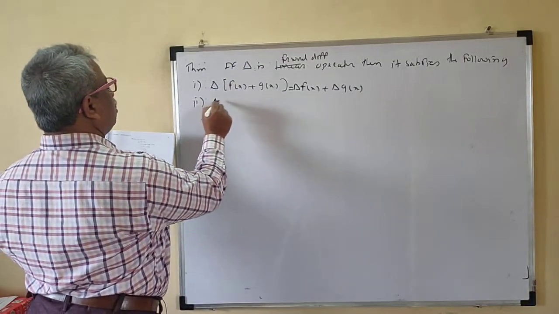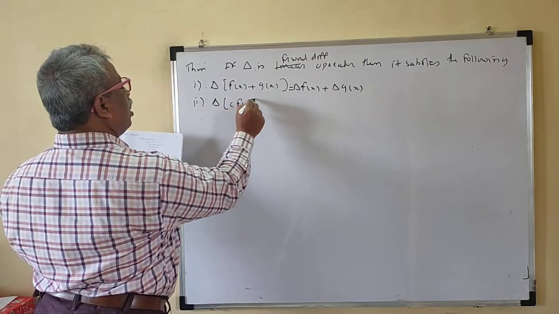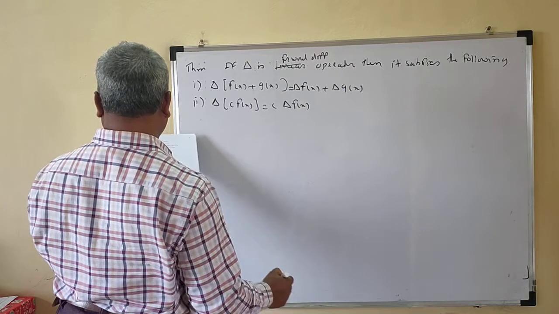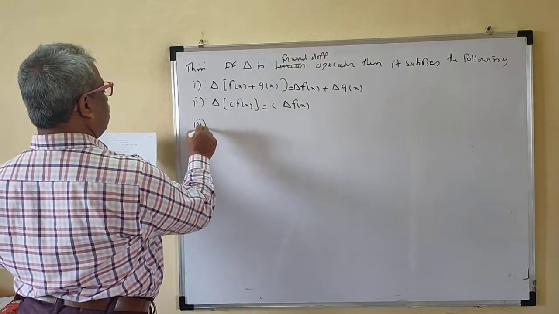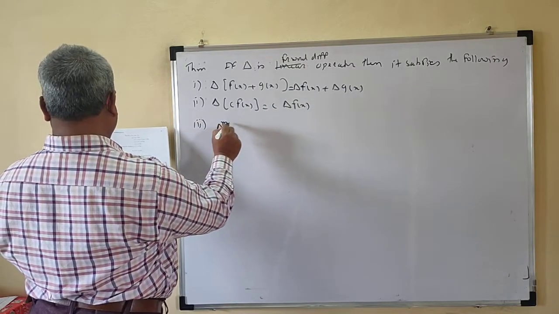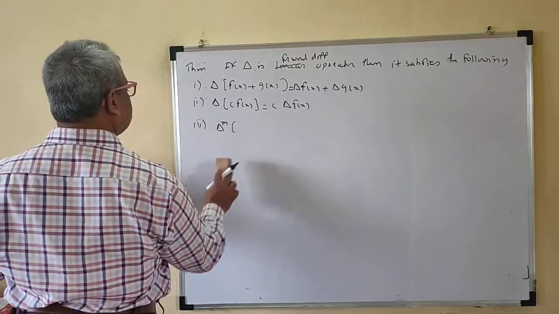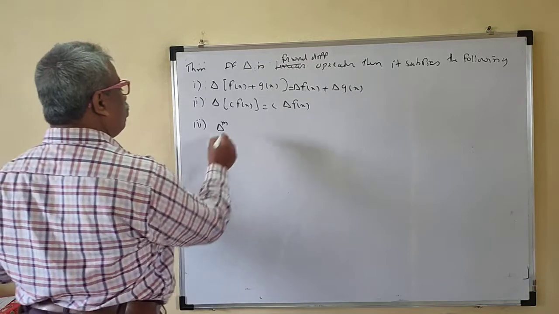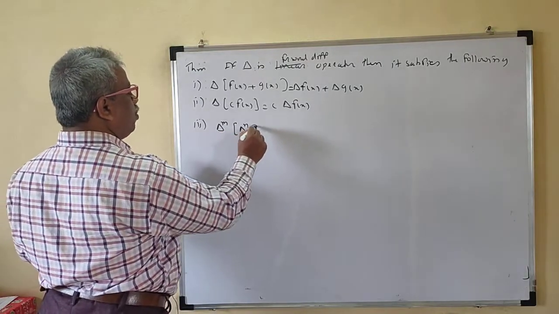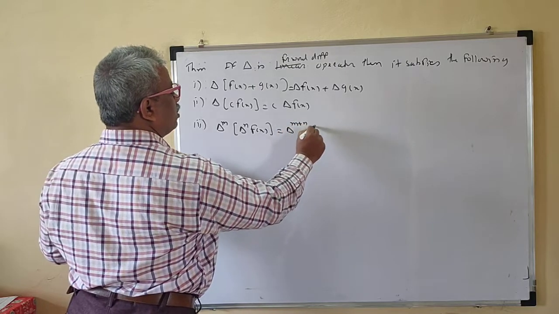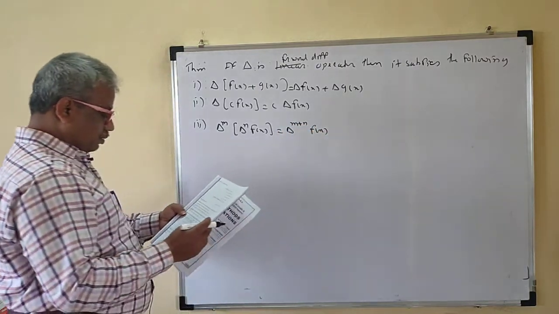Second, delta of c times f of x is c delta f of x. And third one, delta to the power m delta to the power n f of x is the same as delta to the power m plus n f of x.